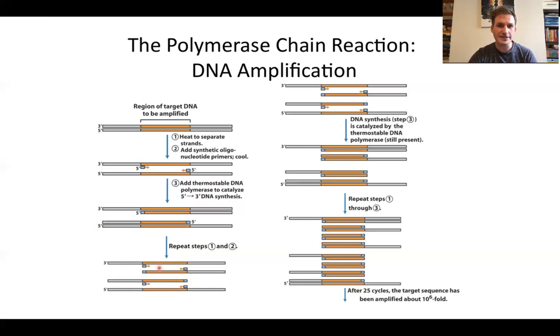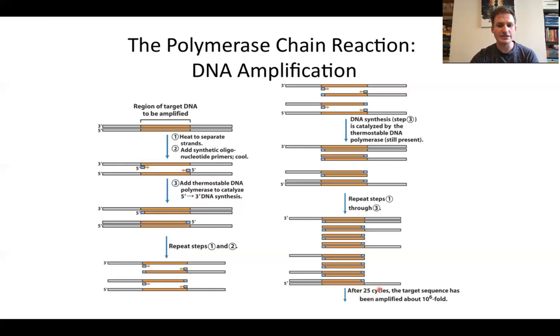If this process is repeated again and again, we can continually replicate that area of interest, this orange-yellow area. So if we repeat these steps, then we end up creating numerous copies of that area.